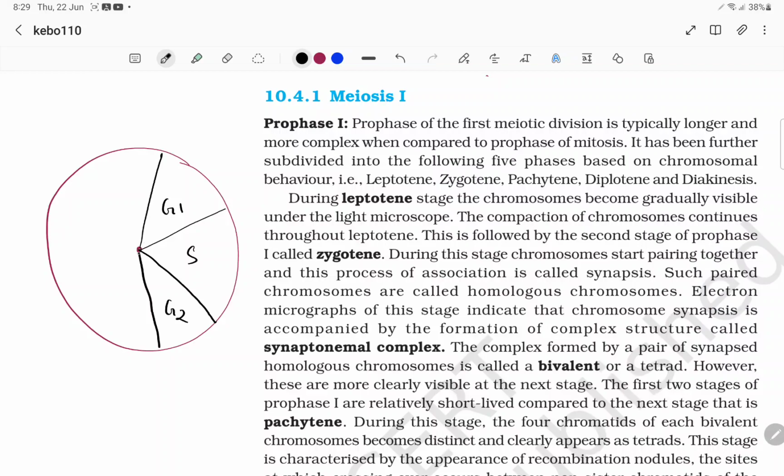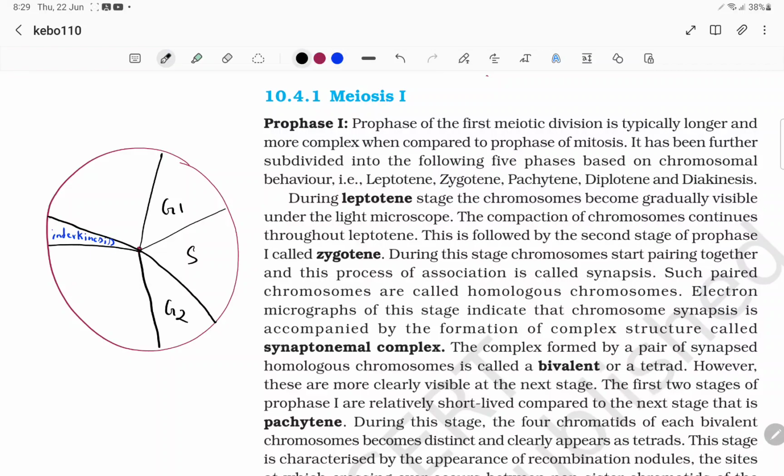And now we are dividing this into the M phase. So we have two things, meiosis 1 and meiosis 2. And this we call interkinesis.